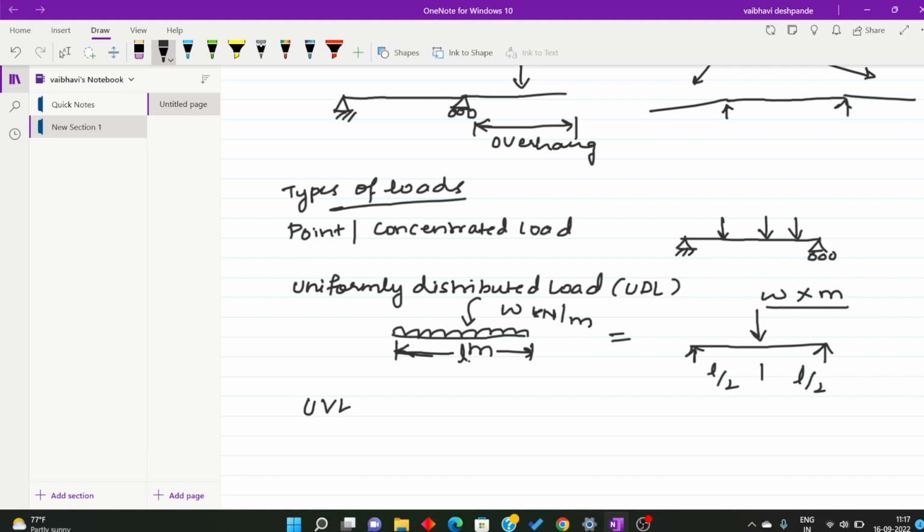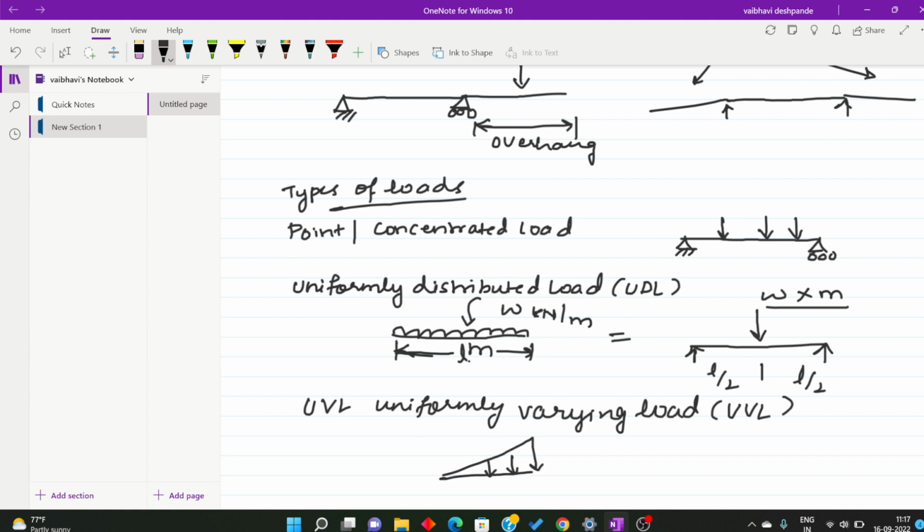Next is uniformly varying load, called as UVL. UVL, it is the intensity is varying, or a triangular load, it is like this. Okay, that is called as the uniformly varying load. Suppose, let me take 2 kilonewton per meter, then spread over 2 meters.